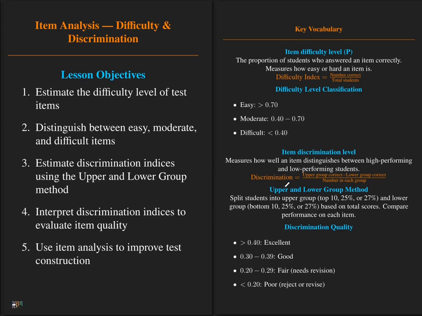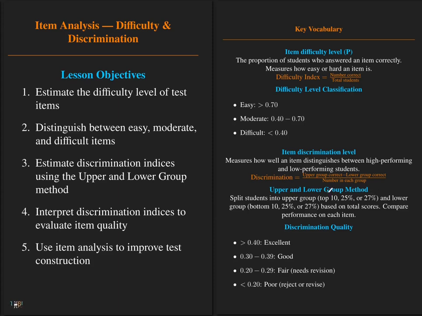There are many ways you can solve it, but its formula is the upper group that got it correct minus the lower group that got it correct, all over the number of individuals in each group. Most importantly, the number of individuals in the upper and lower groups are the same. There is the 50-50 method, and then there's the upper and lower group method, which we will be using in this lesson.